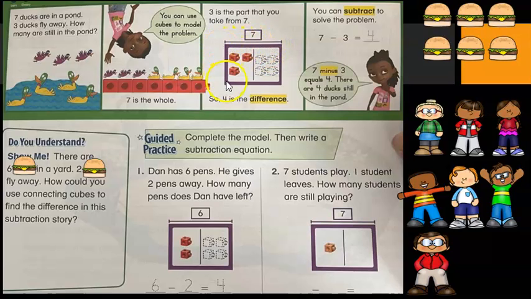Now, if we look here at this picture, 3 is the part that you take from 7, okay? So, let's count these up really quick. 1, 2, 3, 4, 5, 6, 7, okay? There's 7 cubes here, but 3 of them, look, these 3, they get taken out of here, okay?